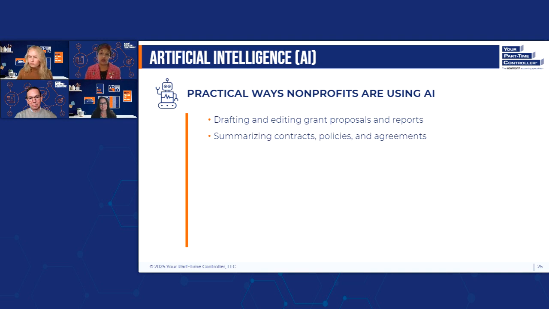Some folks are also using it for the things that take a lot of time and a lot of mental bandwidth. This is where it can really help reduce your stress and your workload, like reviewing contracts, agreements, RFPs, summarizing data or extracting guidance from CFR 200, reviewing your internal policies and procedures, really helping to put these things in understandable language and helping you to give attention to what's important.